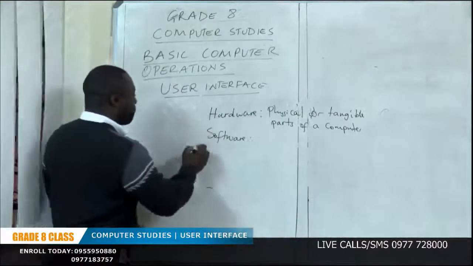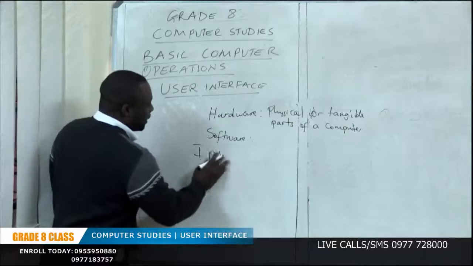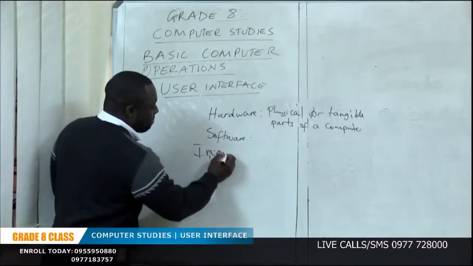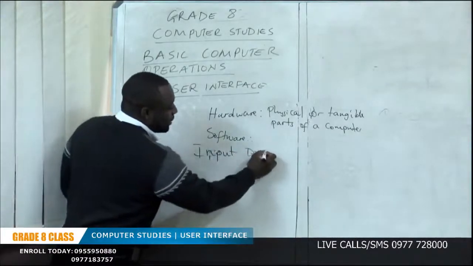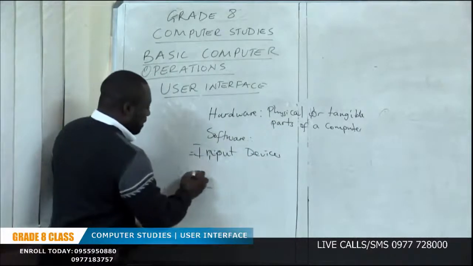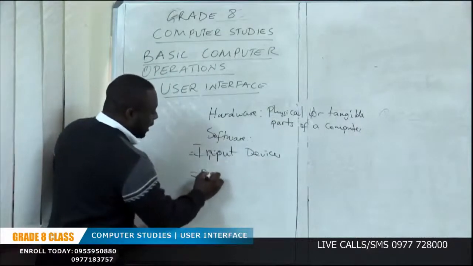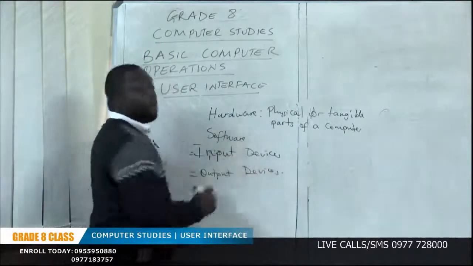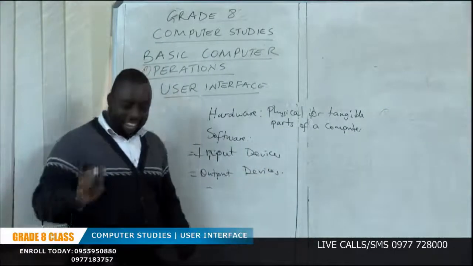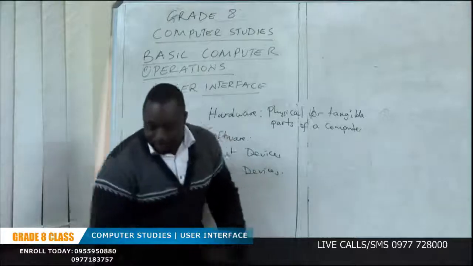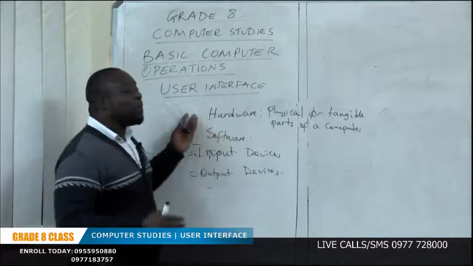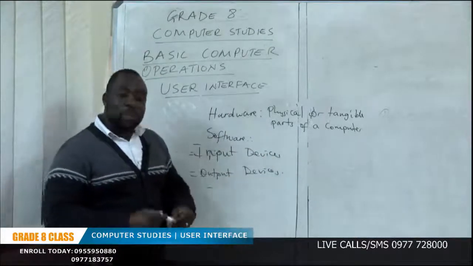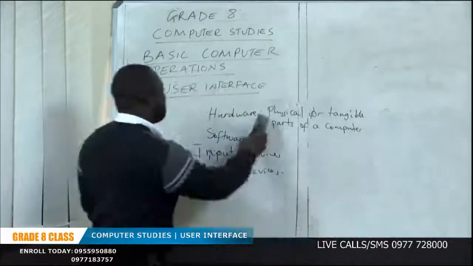These are the input devices. Then we also looked at the output devices. I believe you can remember. Okay, so now we can look at the types of user interface.